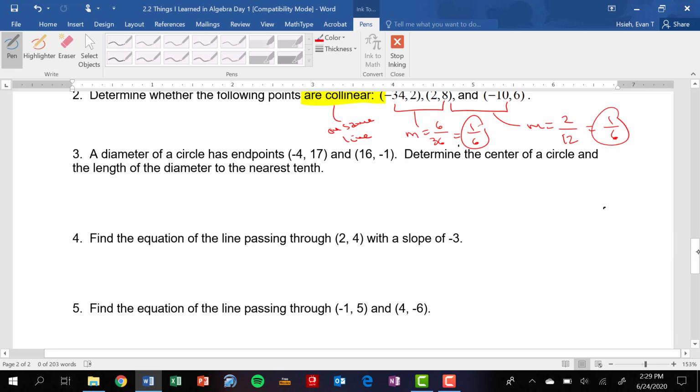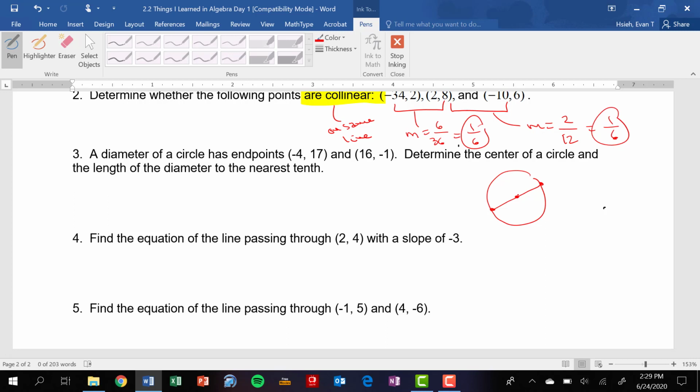Okay, diameter of a circle has endpoints. So if I have a circle like this, and my endpoints are here and here, here's the diameter. Hopefully you remember from prior knowledge that the diameter goes through the center of the circle. If I want to find the center of the circle, you know that this radius and this radius are the same, so this has got to be the center point, or the midpoint.